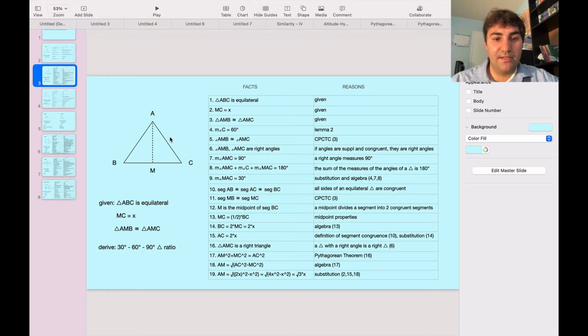We know that triangle AMC is a right triangle because angle AMC is a right angle. We can apply the Pythagorean theorem and do some simplification, and then we end up with length of AM is equal to root 3 times x. So then we see this ratio where we have x, root 3 times x, and 2x, and that's the 30, 60, 90 degree triangle ratio.